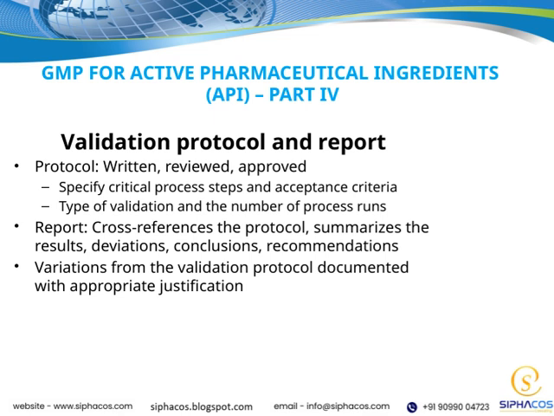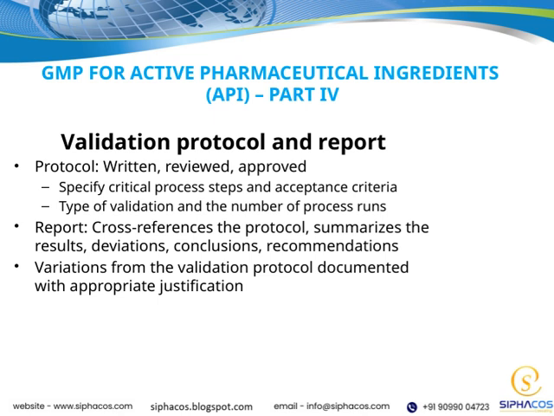This helps us determine what constitutes success at each stage. It's also important to specify the type of validation being performed and how many process runs are needed to adequately demonstrate consistency and reliability.